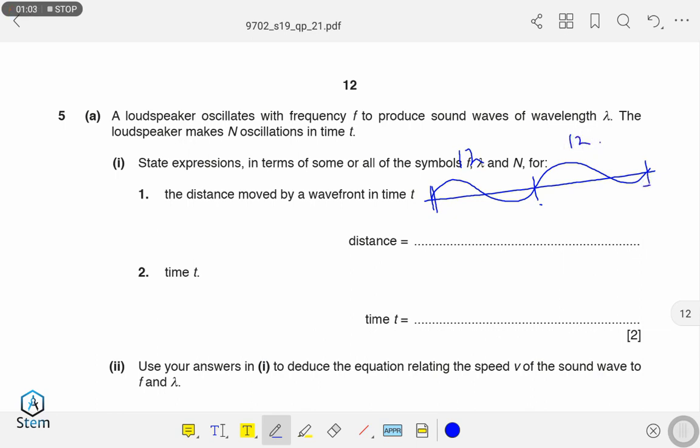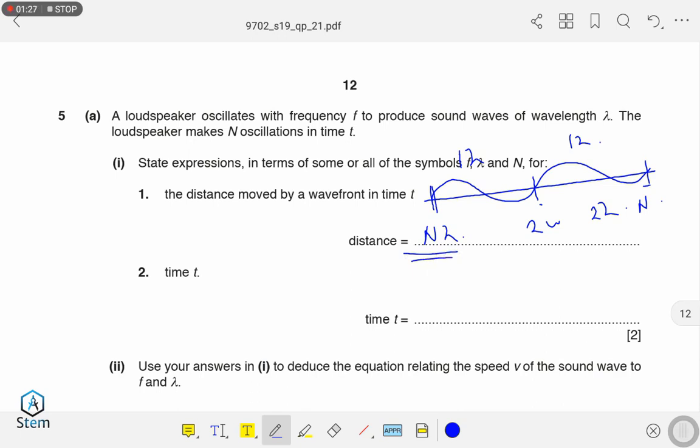So we have 2 wavefronts that are equal to 2 lambda. In the case of our question, there are not 2 wavefronts but n wavefronts. So n wavefronts multiplied by lambda will give a distance of n lambda.